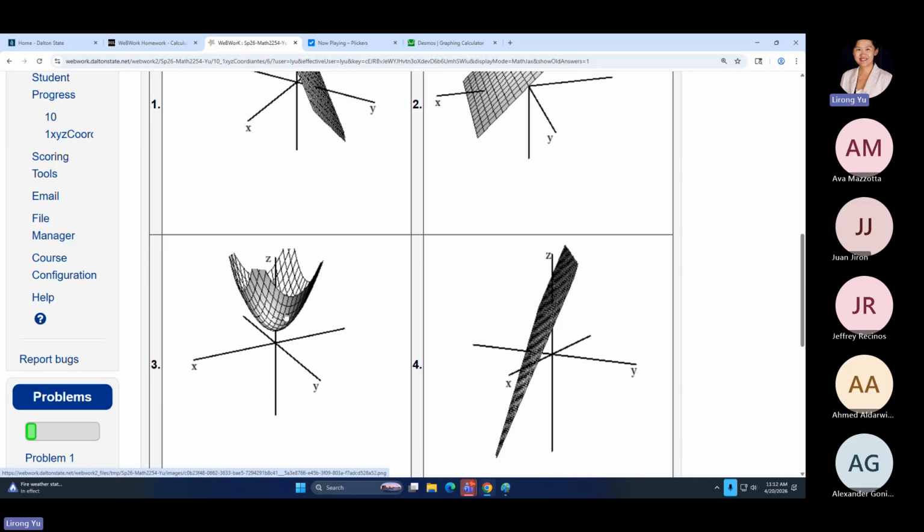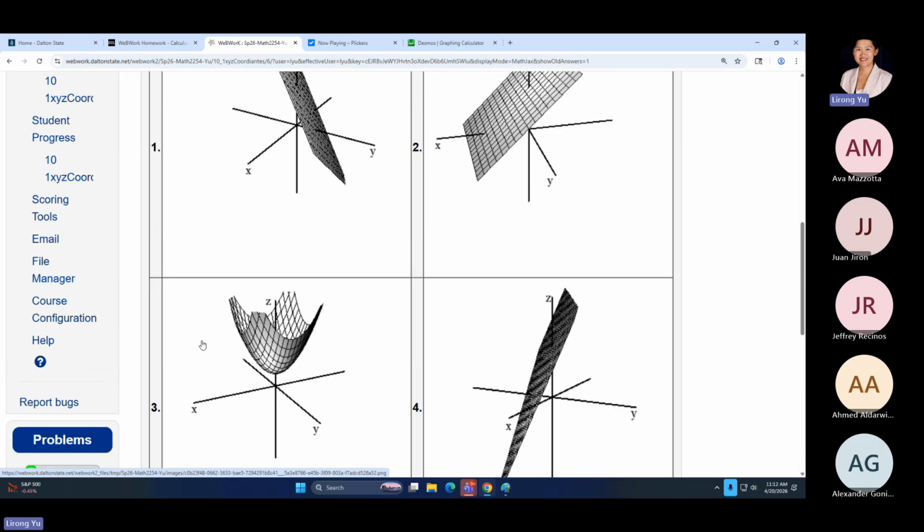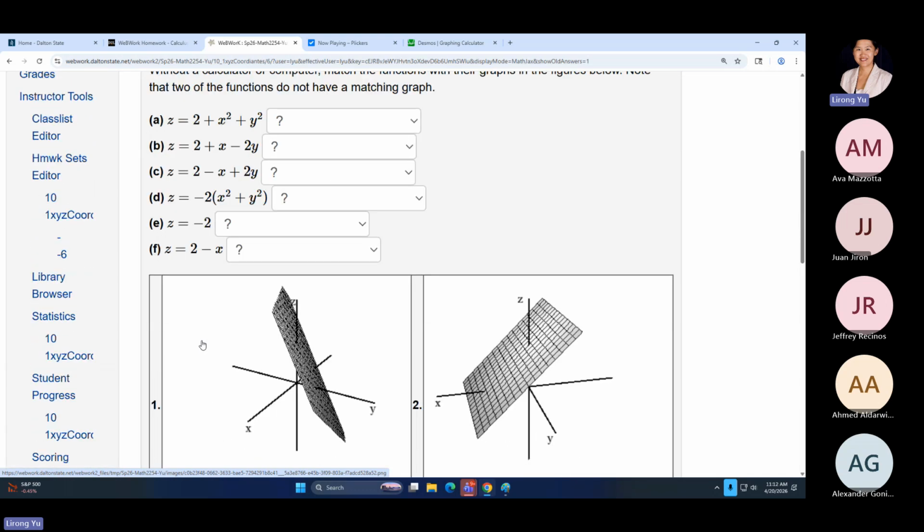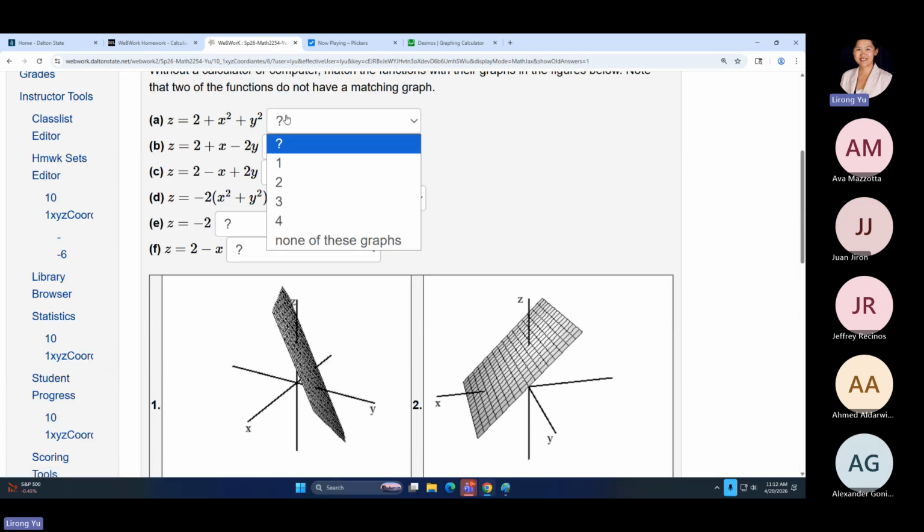You can see z is the vertical axis, all points are on top, and there's nothing below the xy plane. So you have to have a curved surface that is along the z-axis. So I would say z equal to 2 plus, that one is number three.